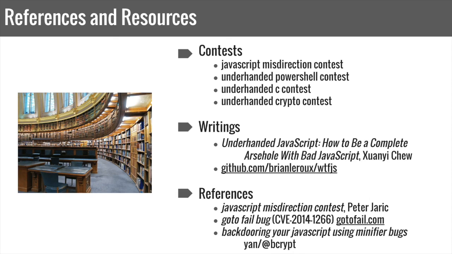There's a book on how to be a complete arsehole with bad JavaScript, talking about the funny things going on in JavaScript. And if you Google for WTF.js, there are a number of resources talking about all the quirks of JavaScript, and these are all things an attacker could try to leverage to make their JavaScript do something unexpected.